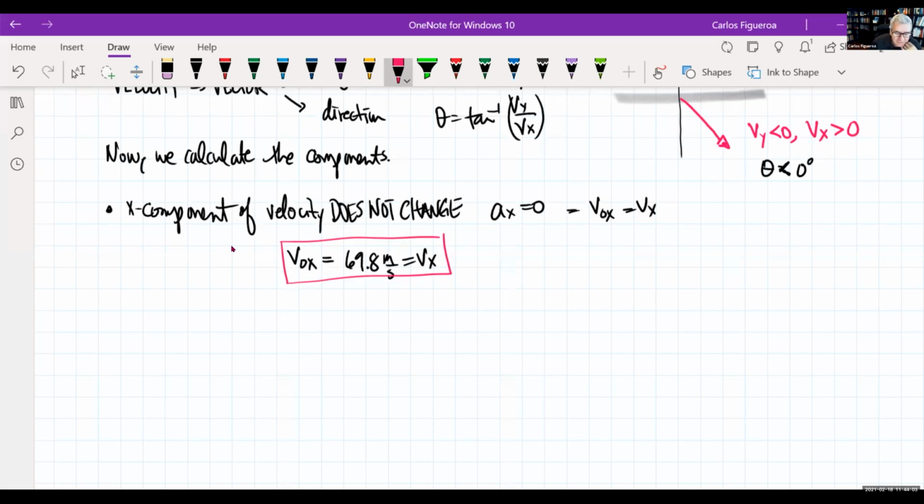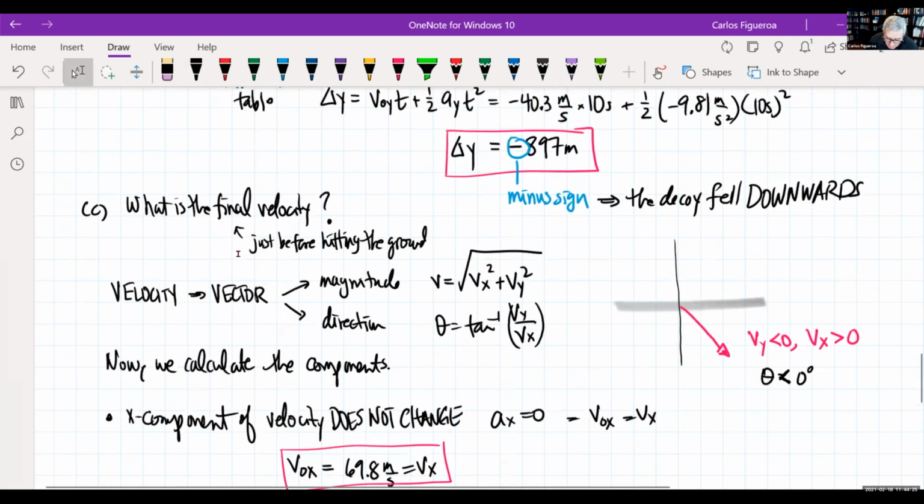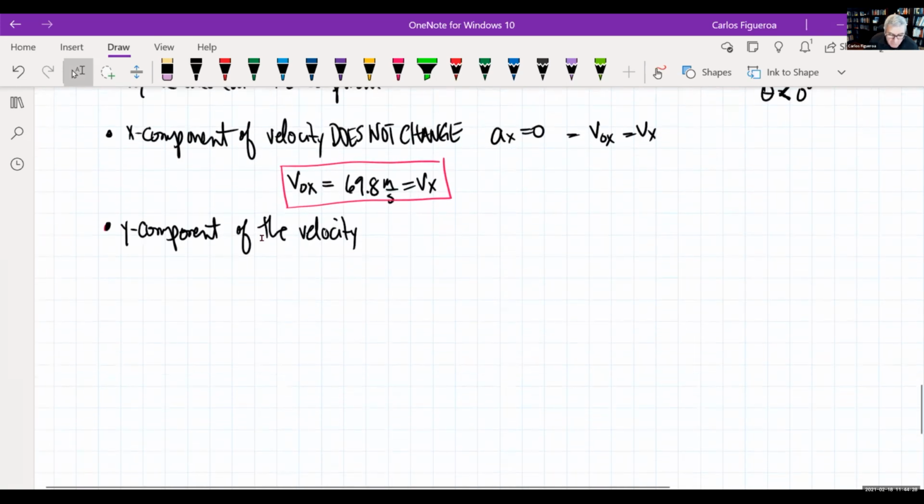Now we want to calculate the y component of the velocity. We've already set up the table up here, so let me redraw it. We had a table that looked something like this. We just calculated the distance, so it's 8,973 meters.